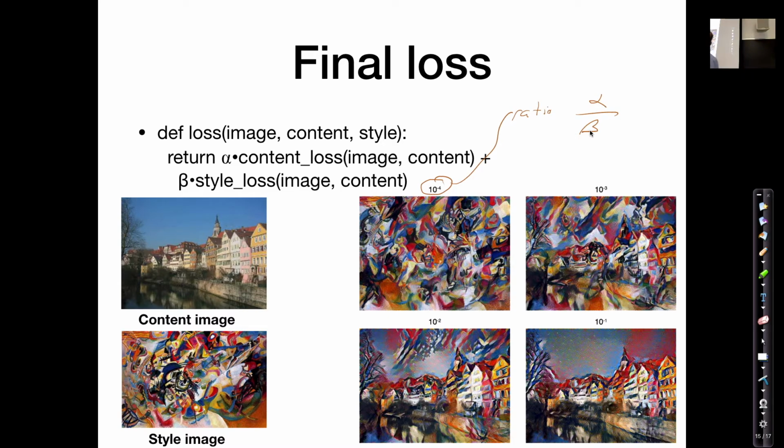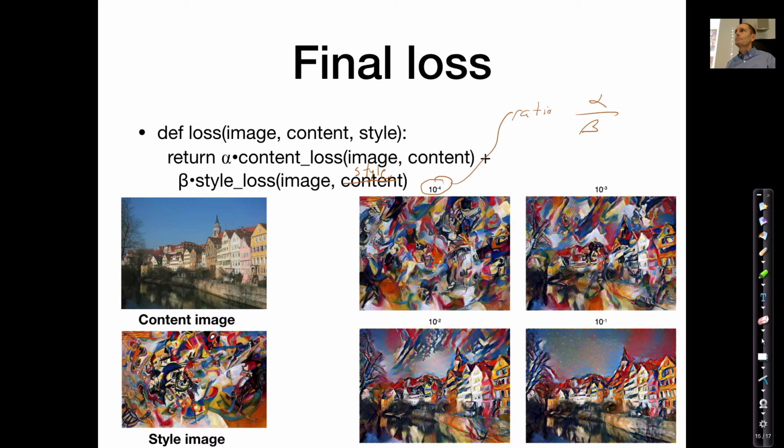Okay. Say it again? I think the style loss should be pass image, comma style, not image, comma content. This is definitely a typo. Yeah, that'd be better. So we can see here, clearly this is more style. And as we move our way down, a little more content, a little more content, a little more content.